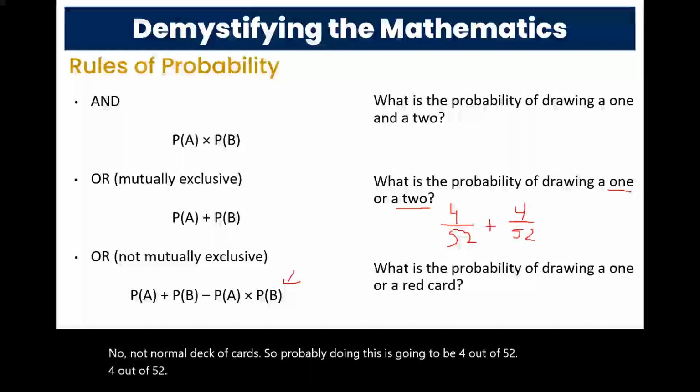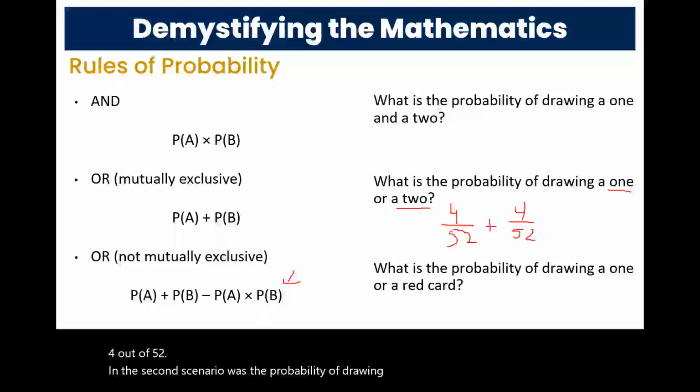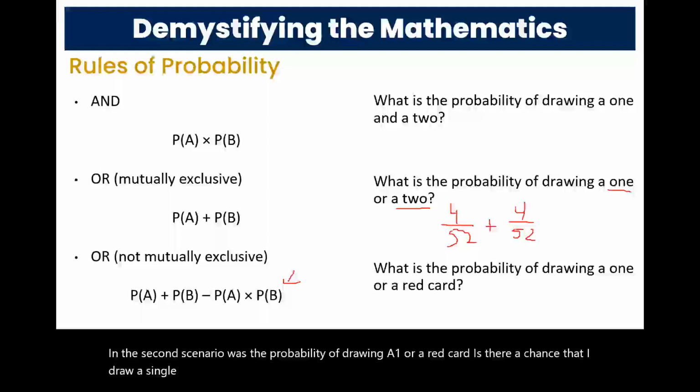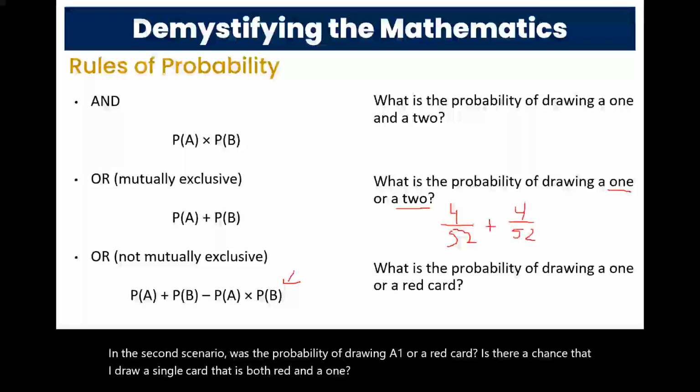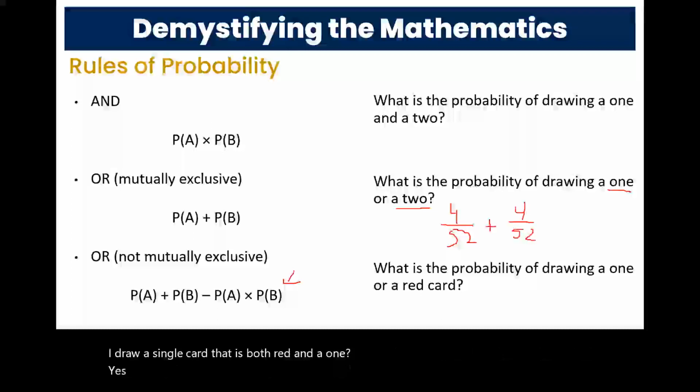In the second scenario, what is the probability of drawing a 1 or a red card? Is there a chance that I draw a single card that is both red and a 1? Yes, there is. So in this scenario, I have to go 4 out of 52 for the 1.